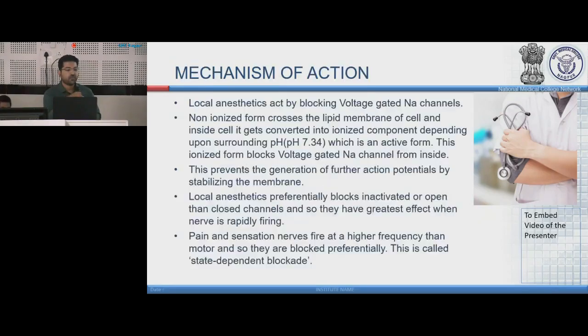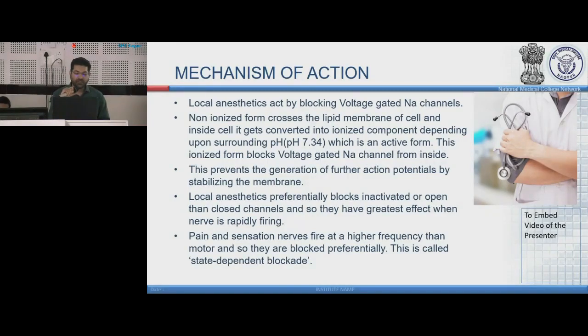Mechanism of action of local anesthetics. Local anesthetics act by blocking voltage-gated sodium channels. Non-ionized form crosses the lipid membrane of the cell, and inside the cell it gets converted into ionized form. Ionized form is the active form which blocks the voltage-gated sodium channel from inside. This prevents further generation of action potential by stabilizing the membrane.